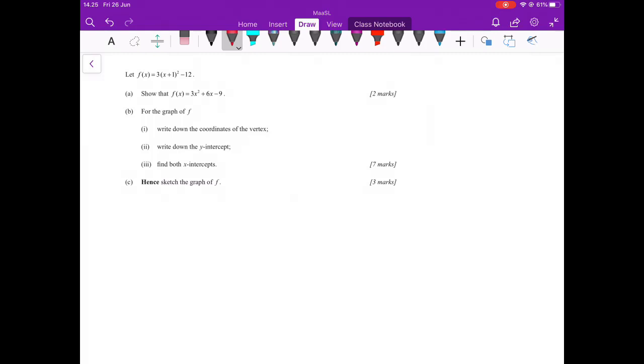The given quadratic expression is f(x) = 3(x + 1)² − 12. Part A is: show that f(x) = 3x² + 6x − 9, which means we need to simplify. First open the square: 3(x² + 2x + 1) − 12.